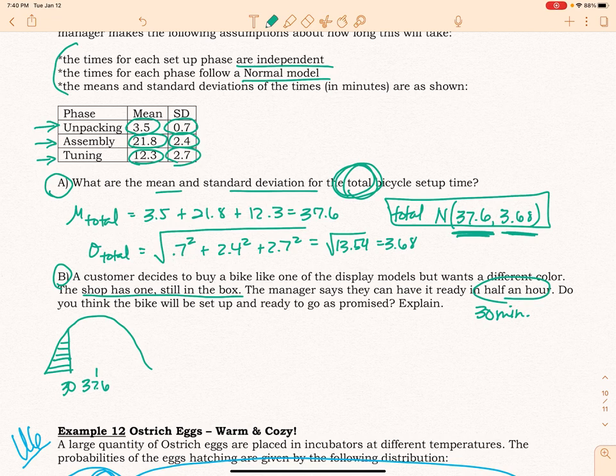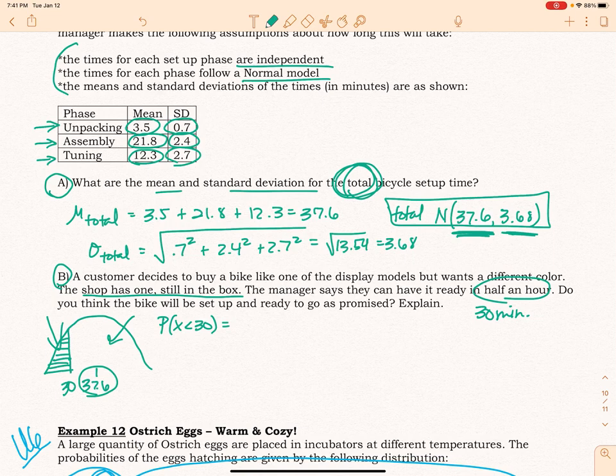The reason I'm choosing to shade to the left of 30 is because I don't care about this over here. That would be totally acceptable, because it would contain the average, so that would be normal to see. I want to know how likely it is that it would be as low or lower than 30. So I want the probability that x is less than 30, because that is going to be more unusual, because it's farther away from the mean.